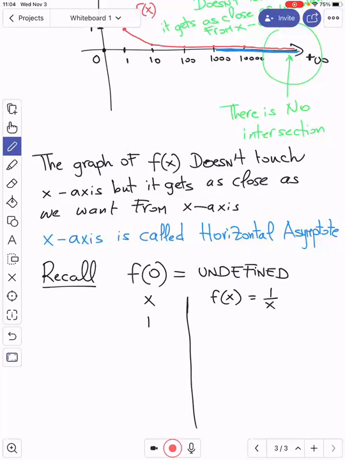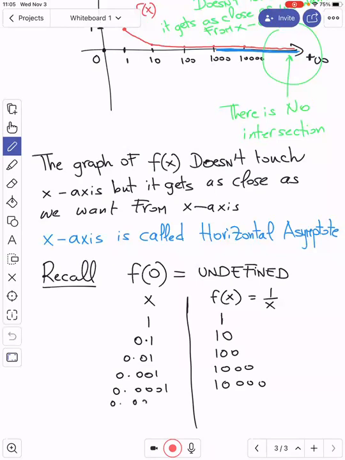Instead of approaching infinity, the values of x are going to approach 0. For example, you start from 1. Of course, 1 over 1 would be 1. If x is 0.1, f of 0.1 is 1 over 0.1, that will be 10. If x is 0.01, 1 over 0.01 will be 100, etc. Then 1,000, then 10,000.